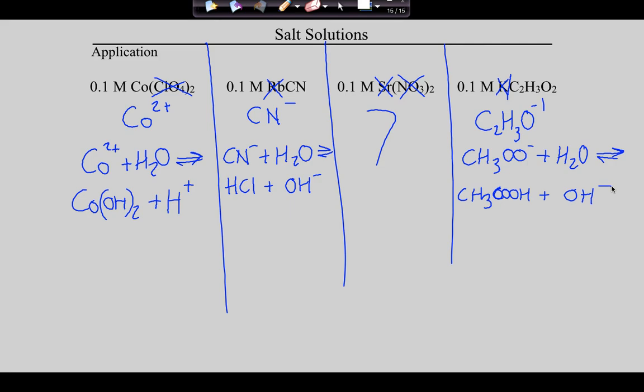Okay. So now let's look. In this first salt, we've got hydrogen ion being released. In this second salt solution, we've got OH being released. In the third salt solution, we've got neither. And then in this one, we've got OH being released. Or did I make a mistake?